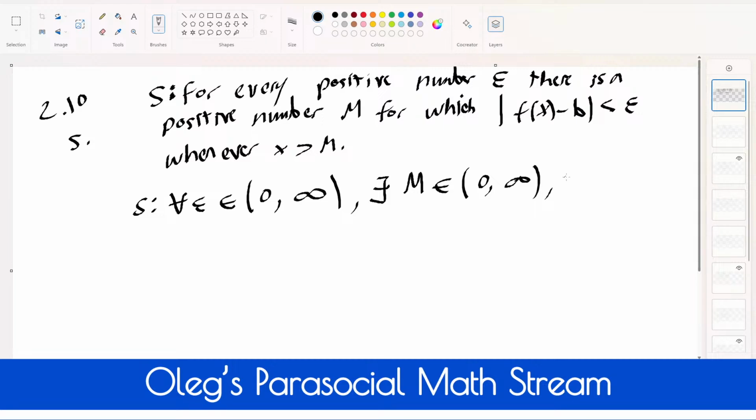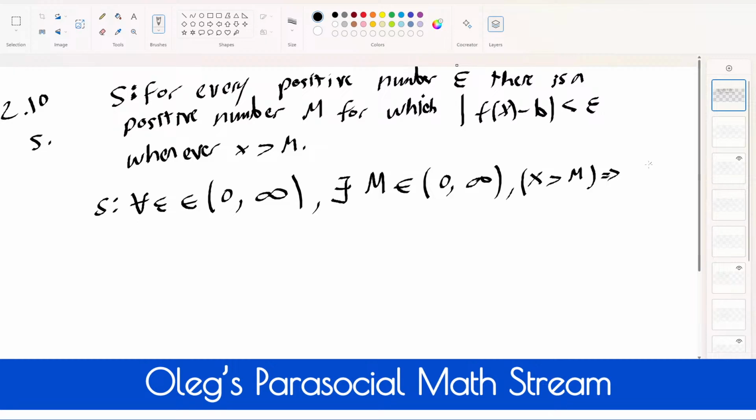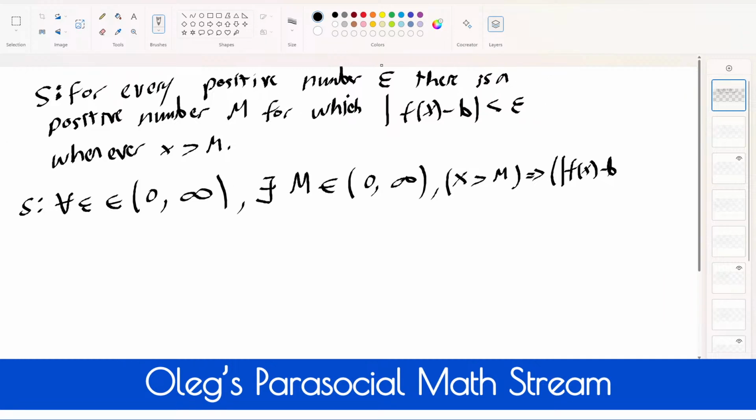So now we're going to write this as P implies Q. We're going to say x greater than M implies the formula: the absolute value of f of x minus b is less than epsilon.